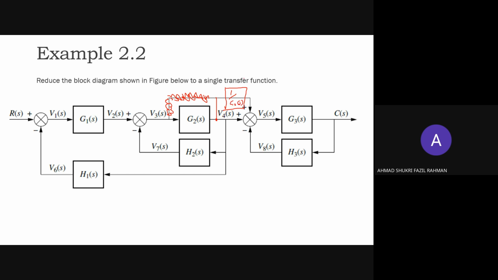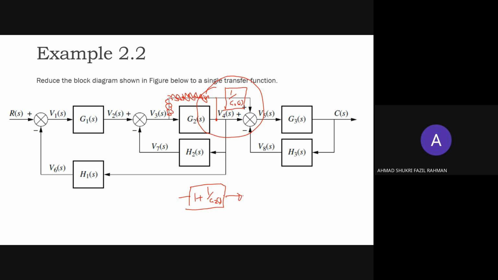Other than that, after that, I think you will have no problem. Since we don't have a cascade connection, we just solve this part only. So this one would become 1 plus 1 over G2. If we solve this first, this part will become 1 plus 1 over G2S, and then we go here.